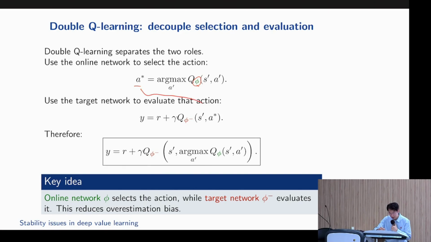You plug that in, and to evaluate the Q value for A star, you're going to use the frozen target. So the online network selects the action while the target network evaluates the action. This is one way to mitigate overestimation bias. But like I said, the disclaimer, this doesn't solve everything. It may or may not work.